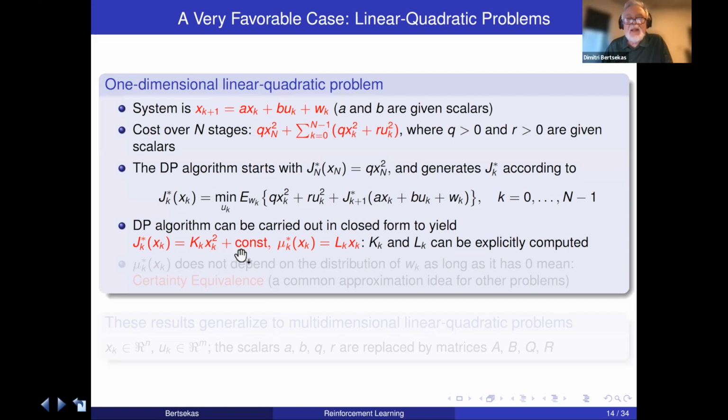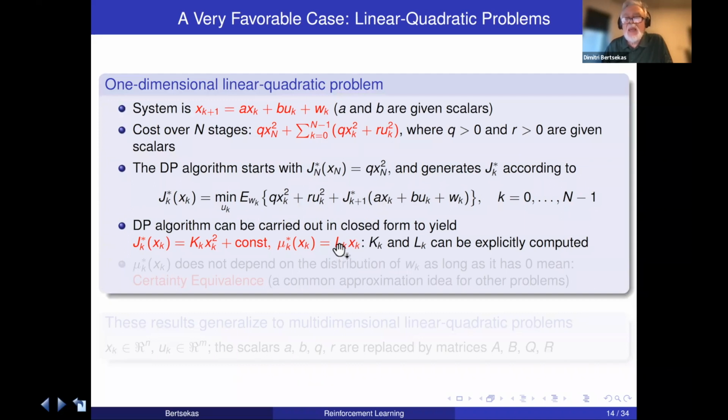And because this minimization here involves a quadratic, it gives you a linear function of the state as your control. We're going to show also that the optimal policy is equal to a linear coefficient Lk multiplying the current state.